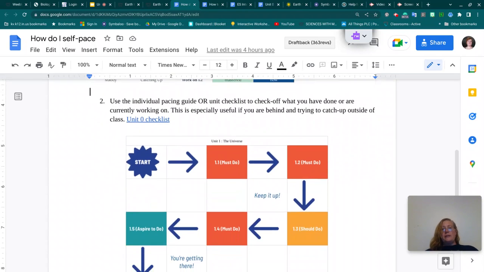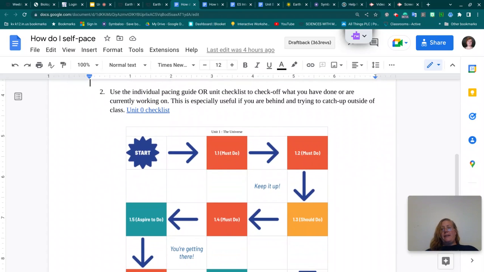The second way of doing this would be the individual pacing guide. So I'm still deciding this. This is my first year using these. So maybe we will go with something that looks like this and you'll put a big X through the ones that you've done. Or for like the unit zero, we're going to use a checklist. And I've used checklists in the past.